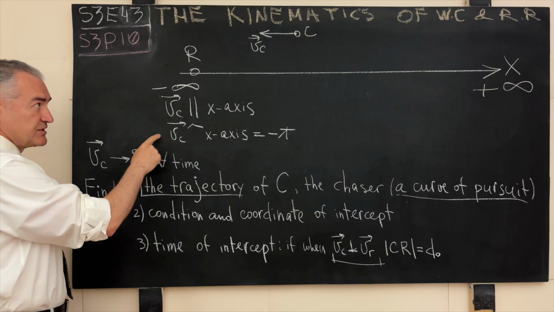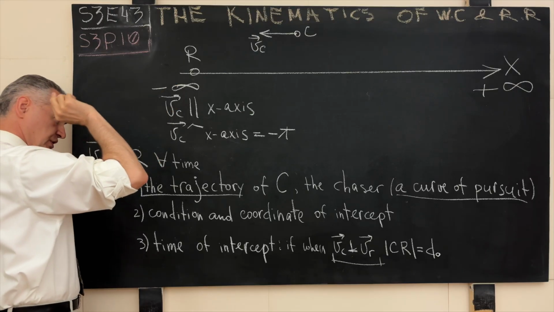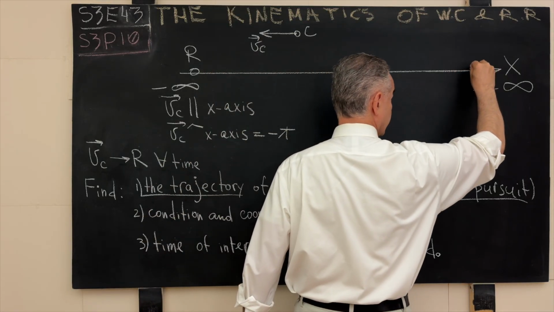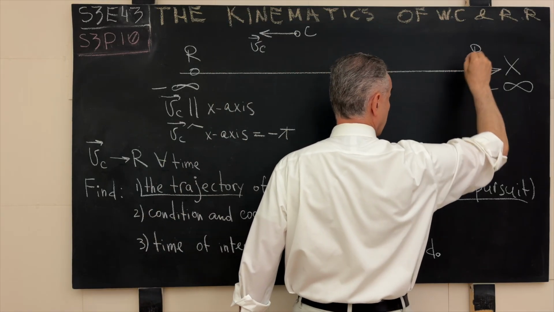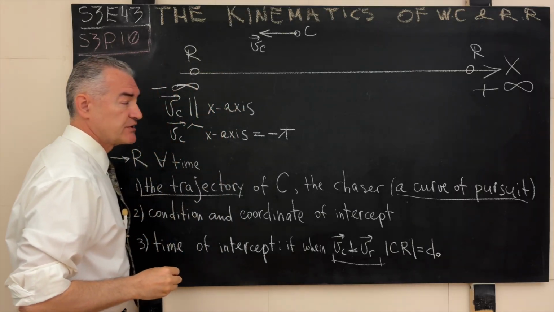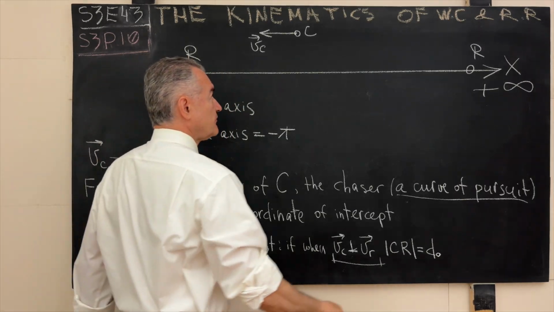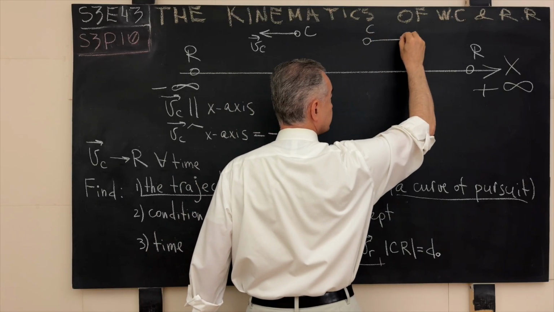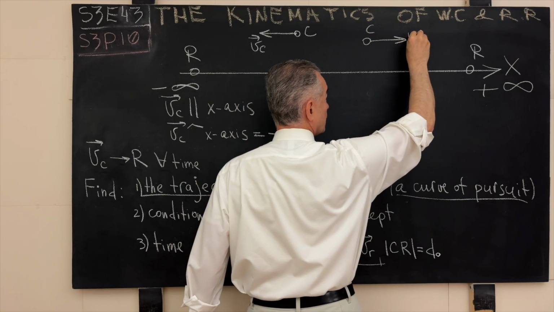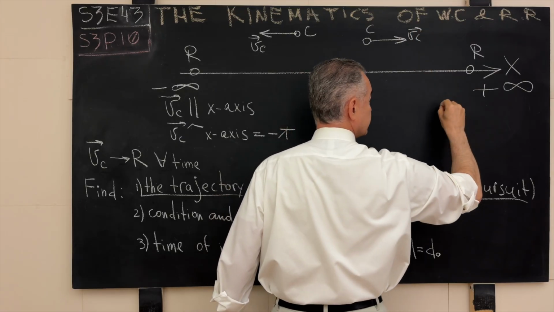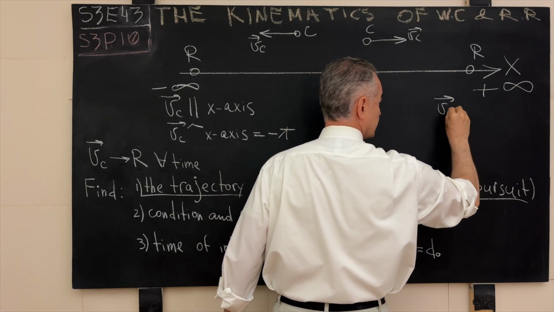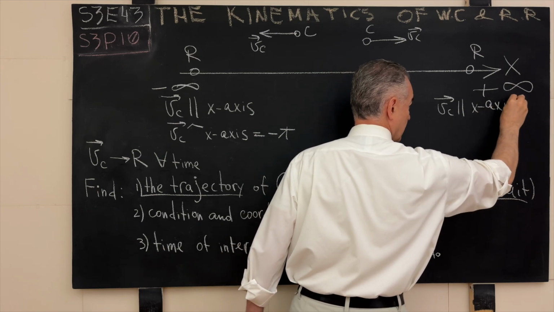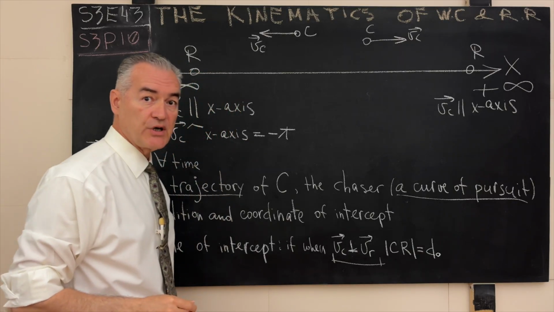This is one observation. Now, when the runner R goes into positive infinity, when the runner R is over here in this section with positive infinity, then what will happen to the vector of the velocity of the chaser? Well, in this case, the vector of the velocity of the chaser will also be parallel to the x-axis, but it will be pointing where?